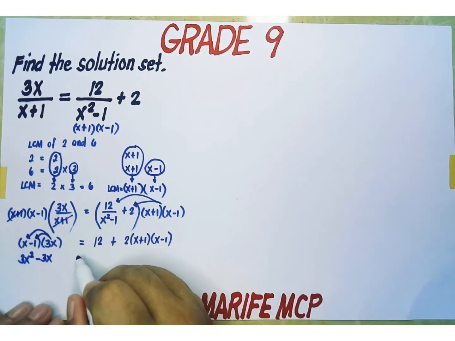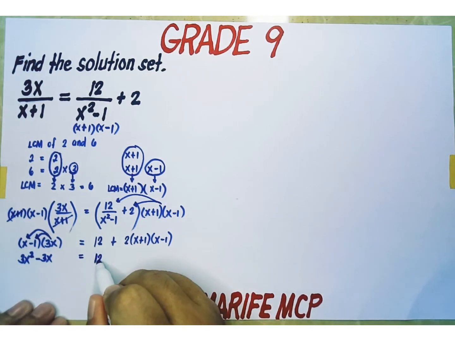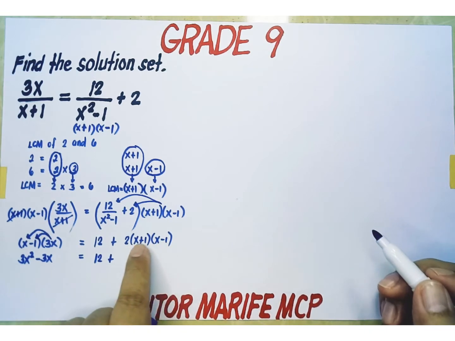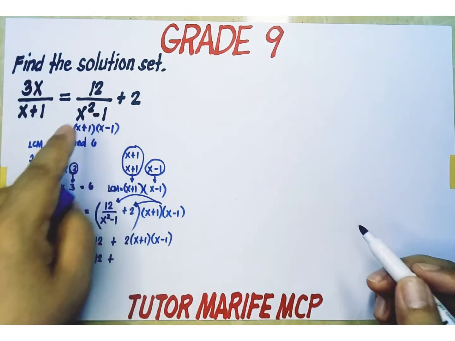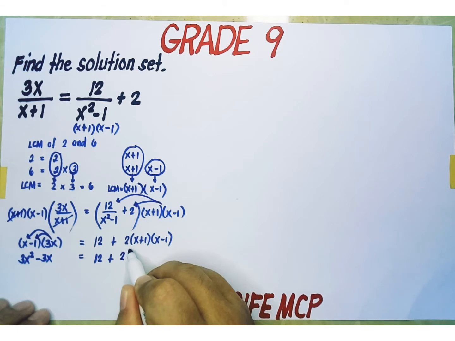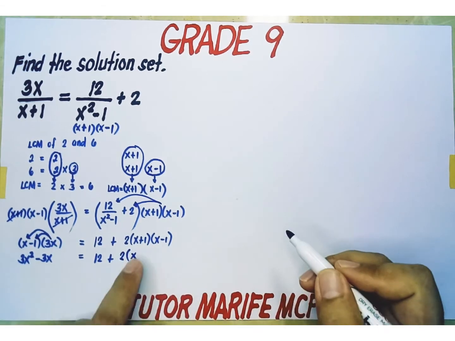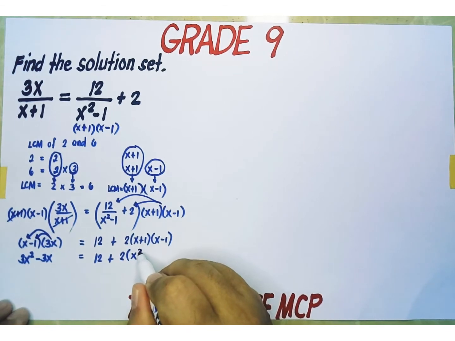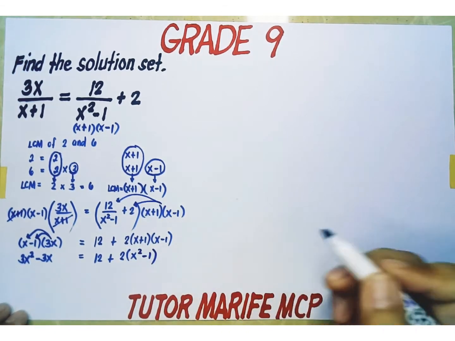Sa right side naman, 12 plus, ibalik natin ito. This is the factored form of x squared minus 1. Bago tayo mag-distribute, isulat natin ito in expanded form. It's x squared minus 1.